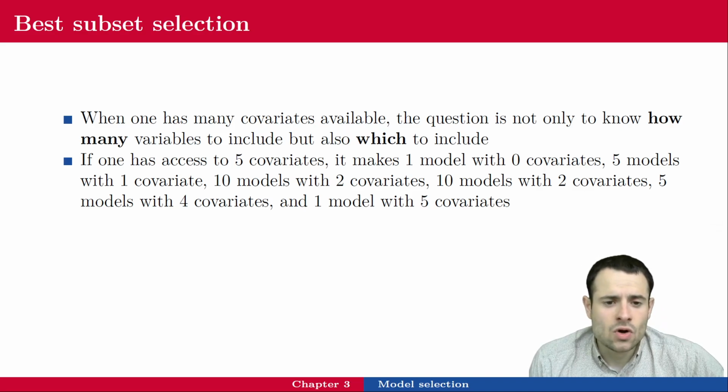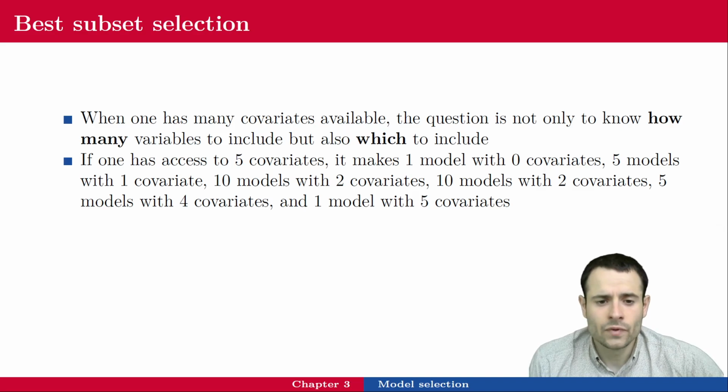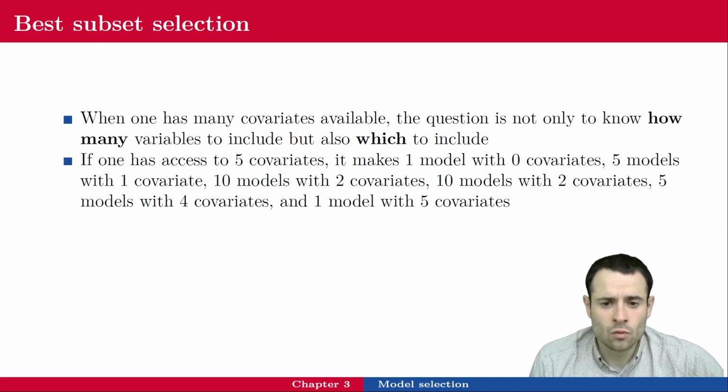If one has access to 5 covariates, think about how many models it makes. It makes one model with 0 covariates, which is just an intercept, and in this case, the prediction is actually the average of the y's, y bar. There's going to be 5 different models with 1 covariate, each of them alone. Then 10 models with 2 covariates, where you pick 2 covariates out of 5.